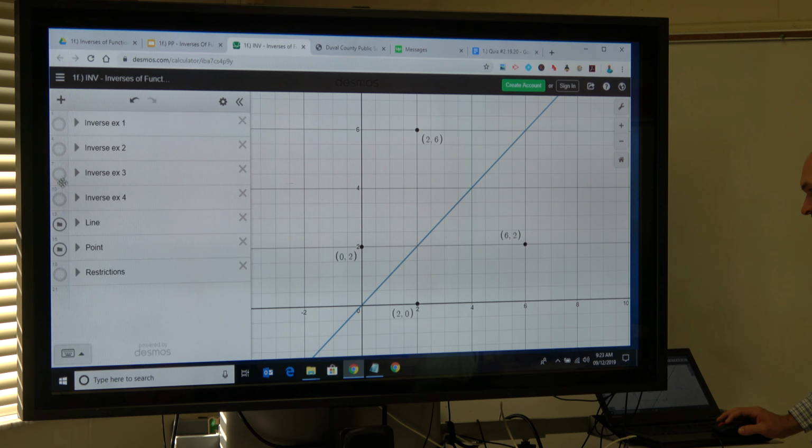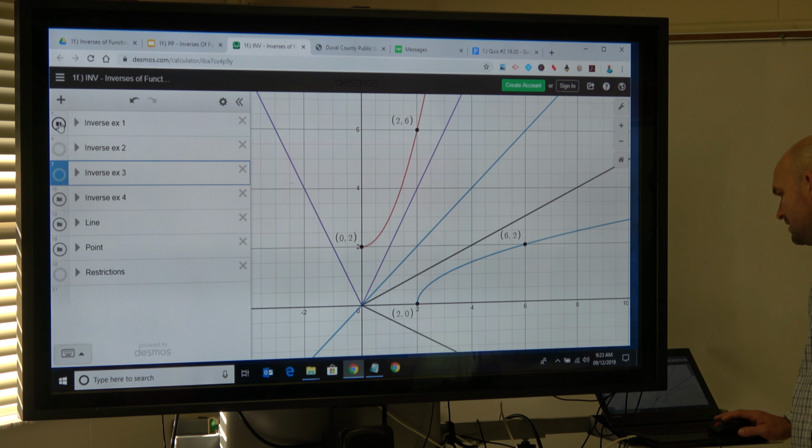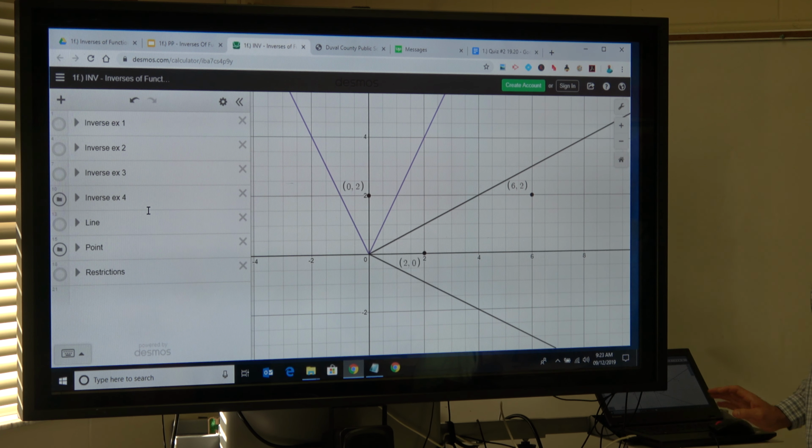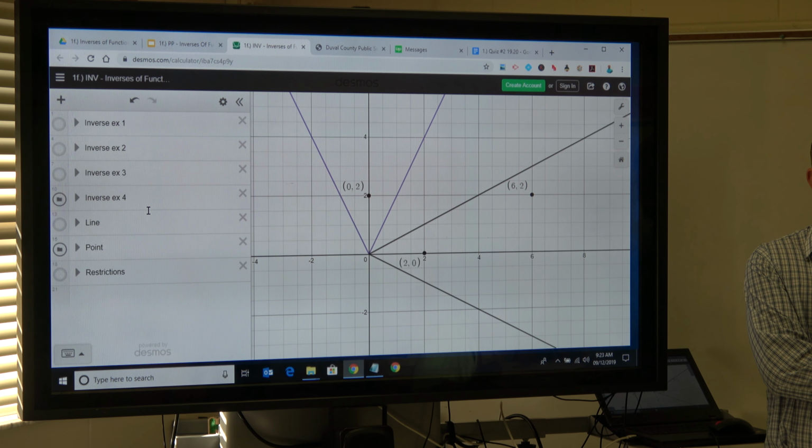Now, let's go and look at example number 4 and see if you guys can figure out what's the difference with number 4. So maybe this is a little too much. Let's just do this. Here is a function and its inverse. How is this one different than the other examples? Yep.